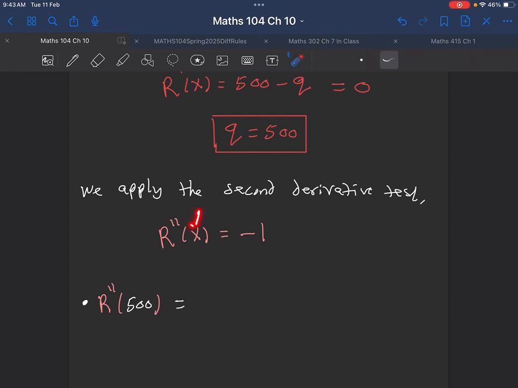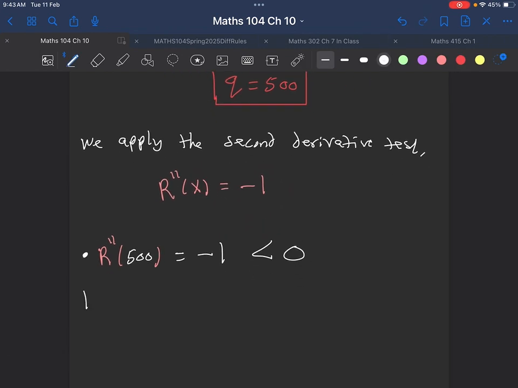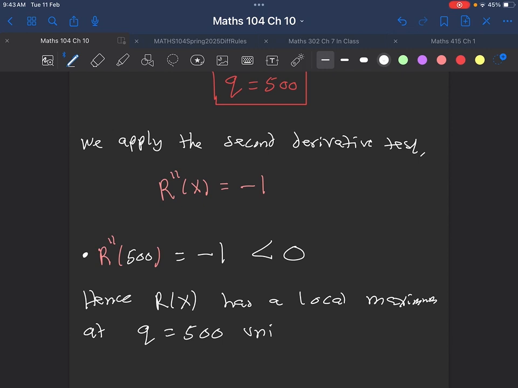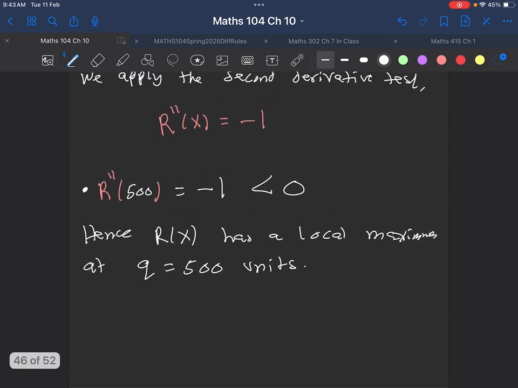Now, if we put 500 here, regardless of whatever X you write here, the answer is always -1, and -1 is less than 0. Hence, by the second derivative test, we know that R of X has a local maximum at Q equal 500 units.